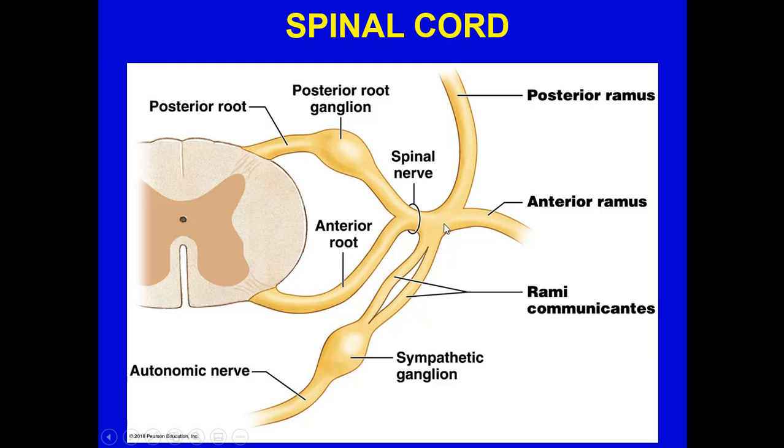Now, one of the weird things, it seems weird, but it's important to understand, is that you have these rami communicantes, and you're going to have information going back and forth, and it may go through this autonomic nerve. The sympathetic ganglia are present, particularly in the thoracic and in the early part of the lumbar nerves.